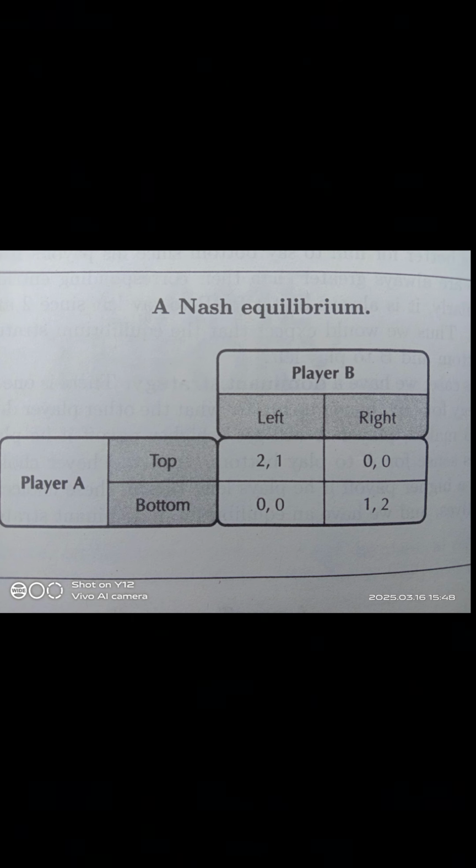Because the payoff to B from choosing left is 1, while choosing right gives 0. Since 1 is greater than 0, he has to choose left. This choice of left for player B depends upon player A's strategy top.